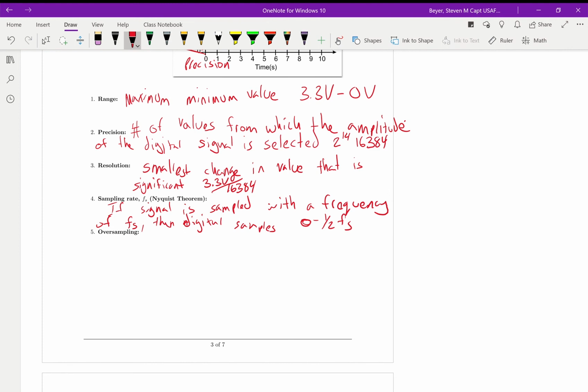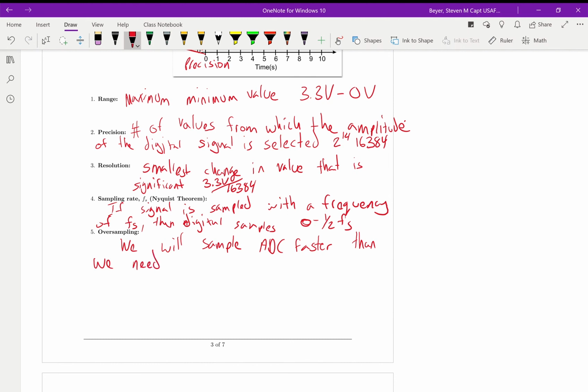And then we're going to oversample. Basically, we're going to sample faster than we need to, and then we're going to average those values together.